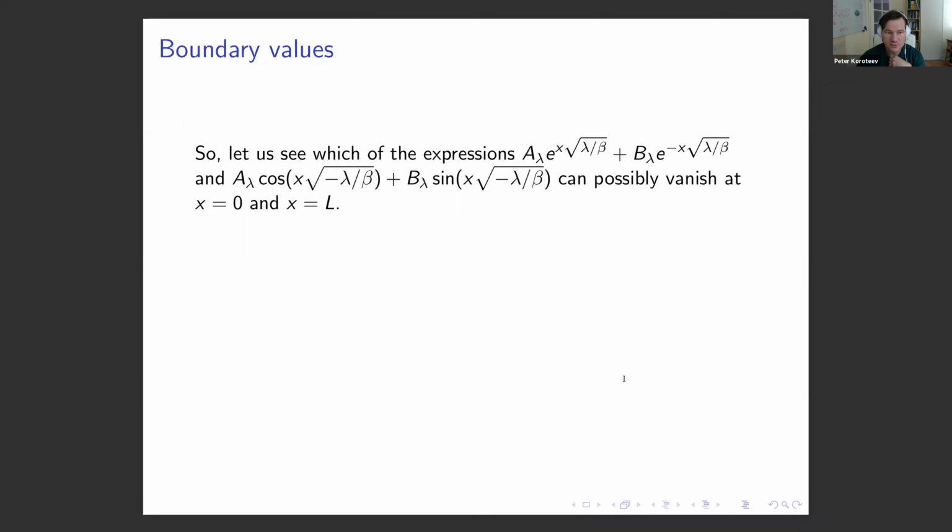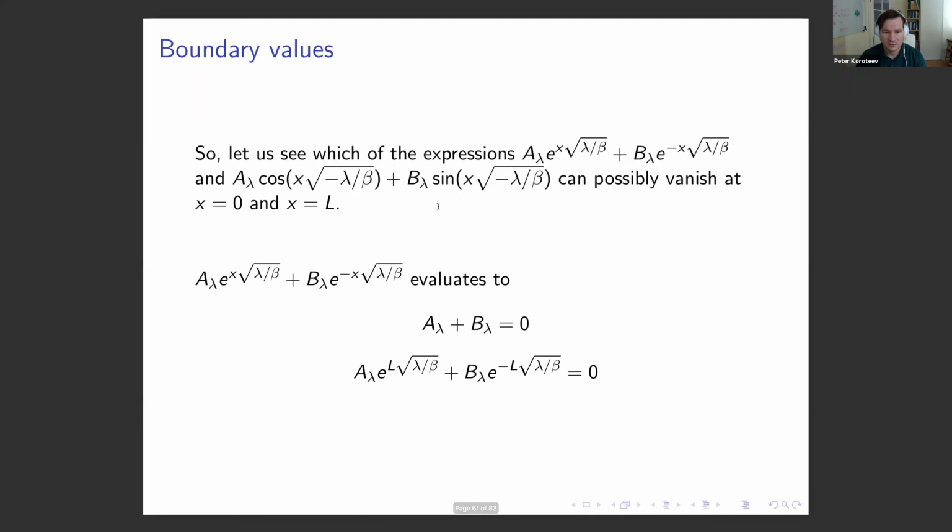So we can impose those boundary values as follows. In those expressions, the x dependence is presented as linear combinations of exponentials or trigonometric functions. Now, which of them can possibly vanish at the same time at 0 and L? The first solution, the exponential one, evaluates to these two conditions, right? If x is equal to 0, we have a plus b equal to 0, and if x is equal to L, we have the second constraint.